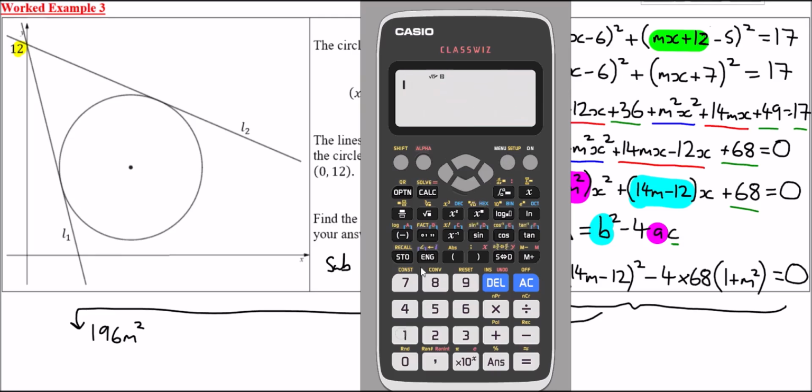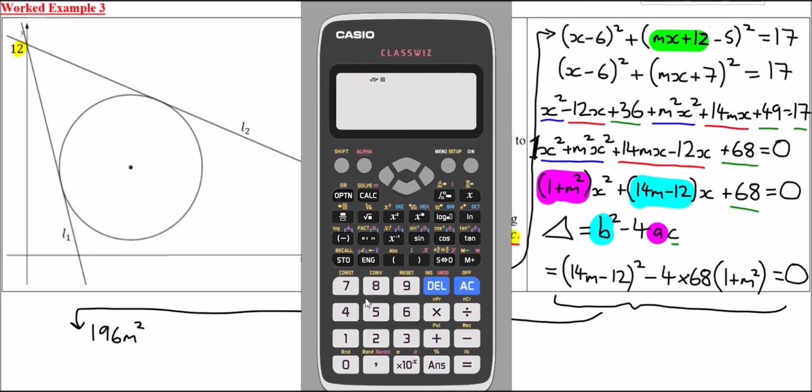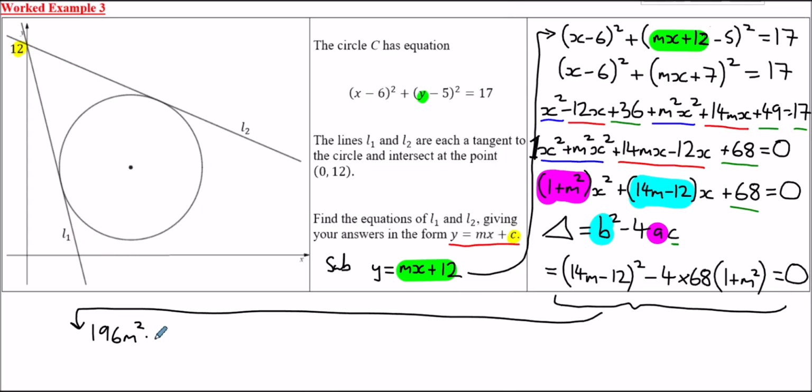So get away from stats mode. So 14 multiplied by minus 12 times 2, that gives us minus 336. So we have minus 336m, plus this minus 12 multiplied by minus 12, so plus 144.